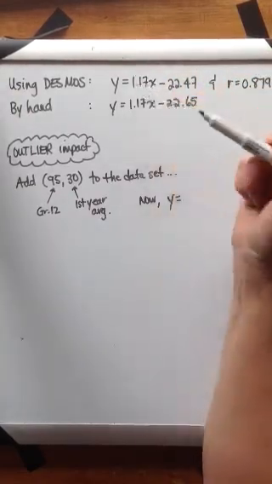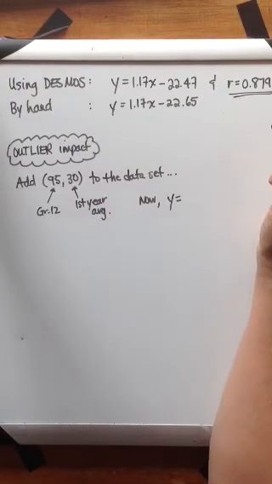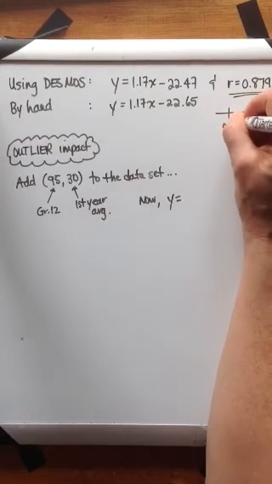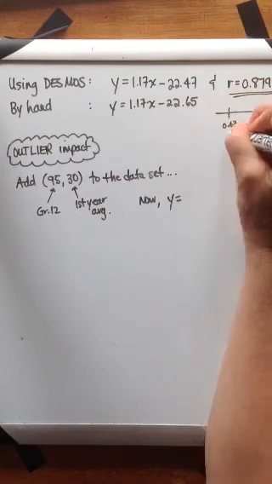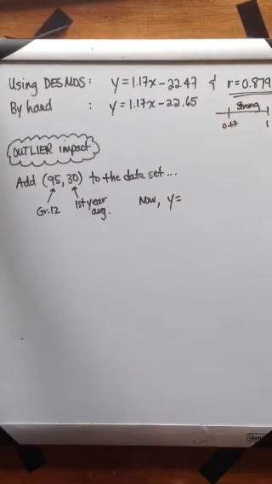The slopes to 2 decimal places are identical. And again, what Desmos does is it gives us this r value. So because it's between 0.67 and 1, we know that in our region for correlation coefficients this is a strong correlation. Okay, so it highly suggests that there is a correlation between grade 12 marks and first year averages.